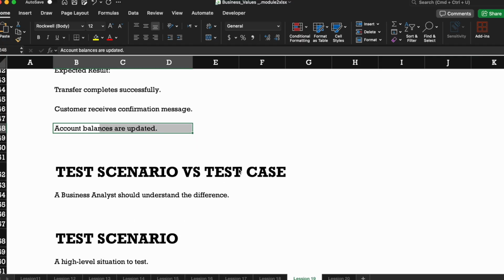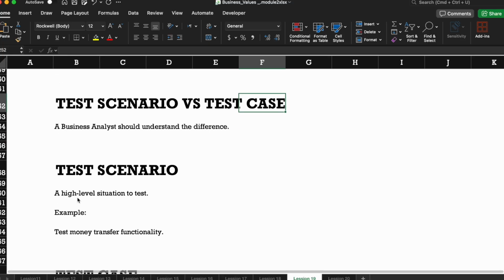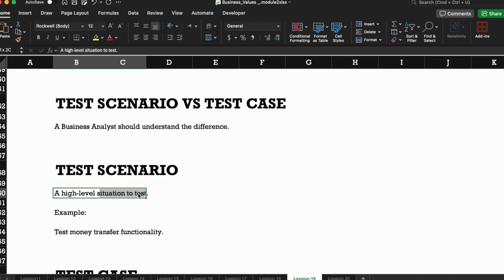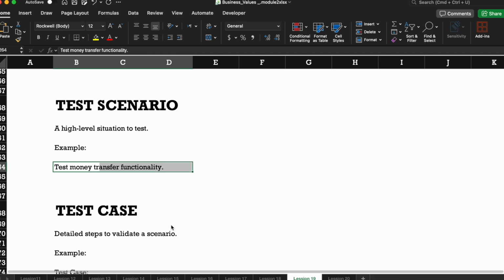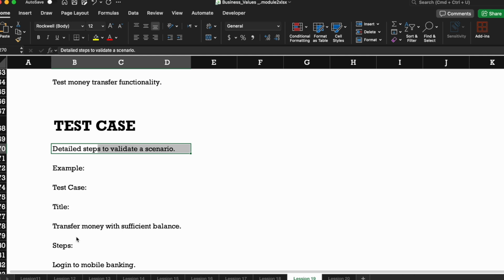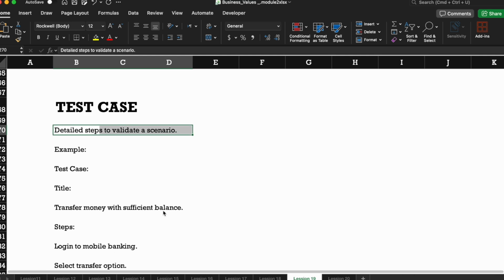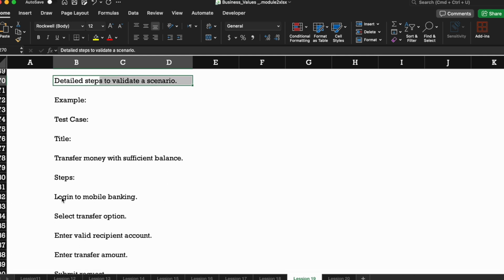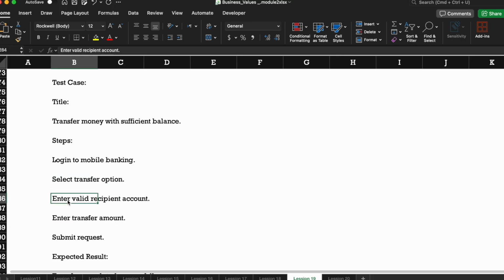Test scenario versus test case. A business analyst should understand the different test scenarios, the high-level situations to test. Example: test money transfer functionality. That's a test scenario. A test case has detailed steps to validate the scenario. Test case title: transfer money with sufficient balance. Steps: log in to mobile banking, select transfer option, enter valid recipient account, enter transfer amount, submit request.